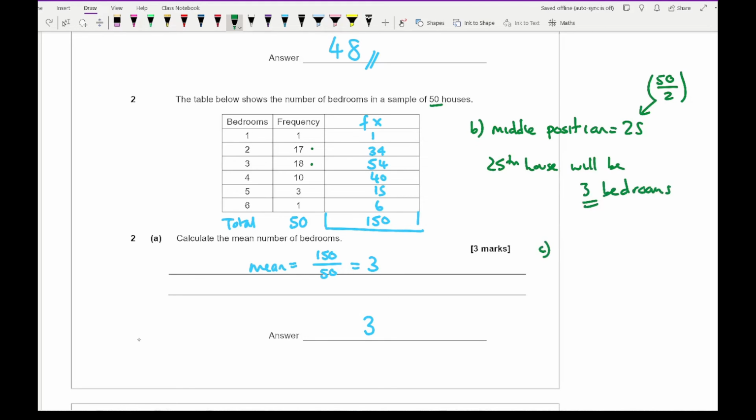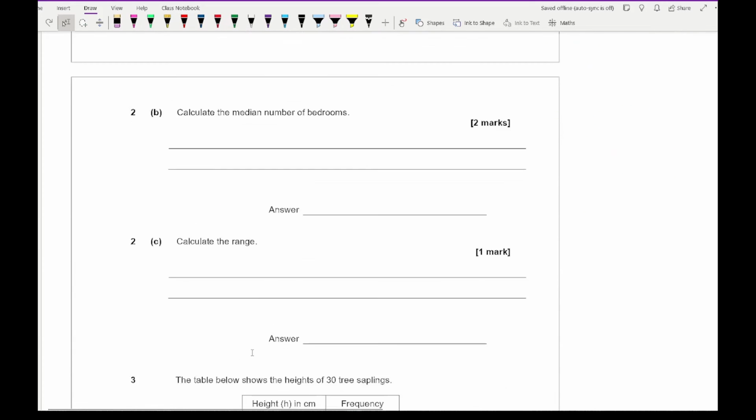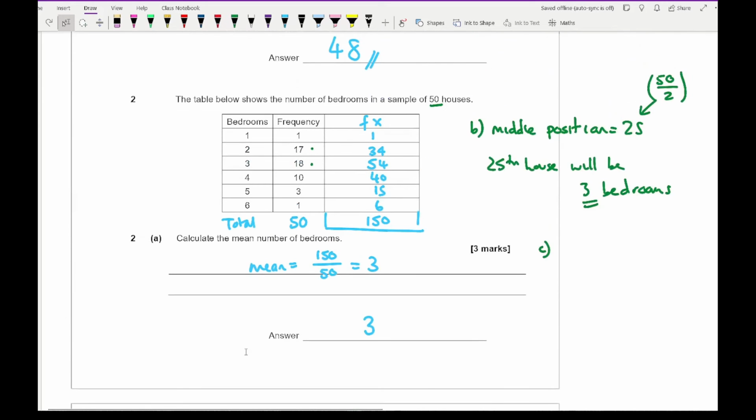And then for C, let's have a look at what it's asking for. It's calculate the range. Now this is a really common question that a lot of students make a mistake on. When you're working out the range, it's the biggest take away the smallest, as everyone knows. But because there's more variety of numbers in the frequency column, that's the one most students tend to go for, when actually the range is the biggest number and the lowest number from the first column, and that's really important that you do know.